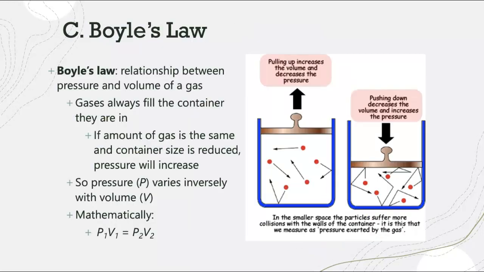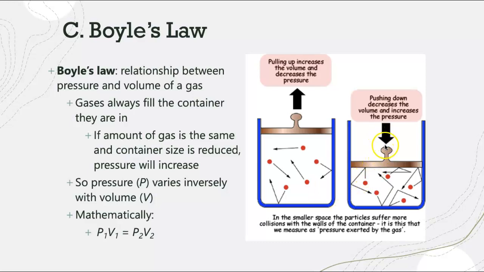Next, let's talk about Boyle's law. This is a relationship that we find between pressure and a volume of a gas. As our gas always fills a container, we see within that container that our gas is going to want to move around, right? So as we are increasing the volume or the space in here, we will see a reduction in the pressure.